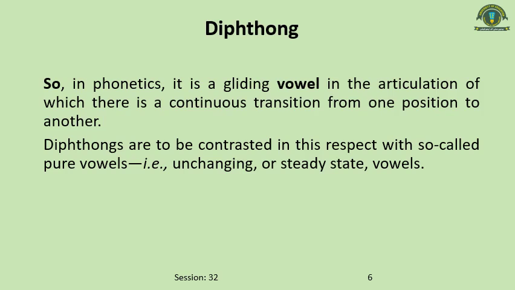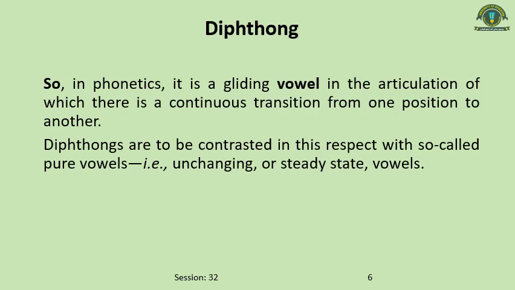So to understand a diphthong, what we should know is that there is a continuous transition from one position to another. For example, I, as I told you, and I used I in three different words. Continuous transition. I-A.